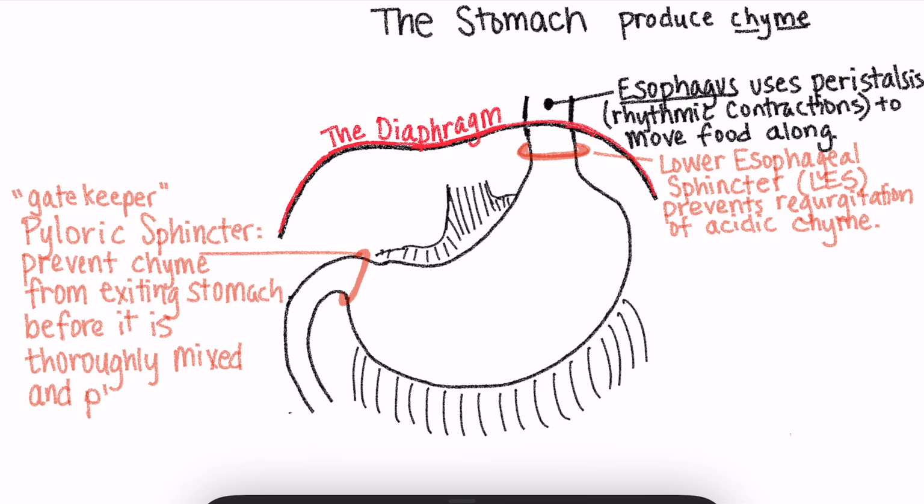And the pH is very low. It's about 2, which, where neutral is 7, is super acidic. Okay, so you see how we have these two guardrails?